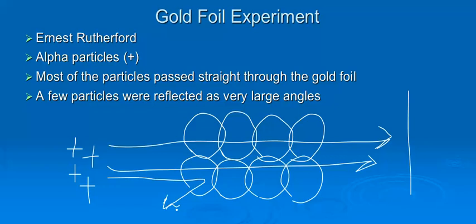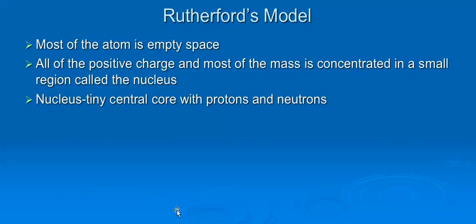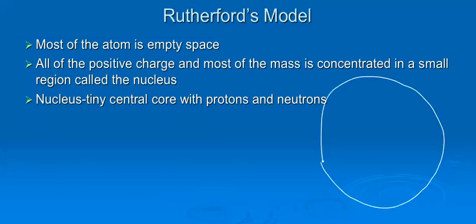So from this experiment, the gold foil experiment, Rutherford came up with his model for the atom. And he said most of the atom is empty space because most of the alpha particles went straight through the gold foil. However, there has to be a tiny central core, which he called the nucleus, because every now and again, those alpha particles were deflected at large angles.